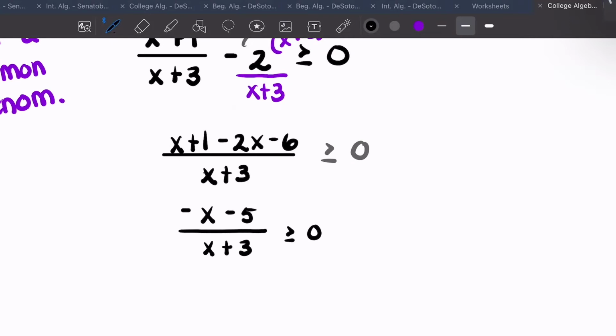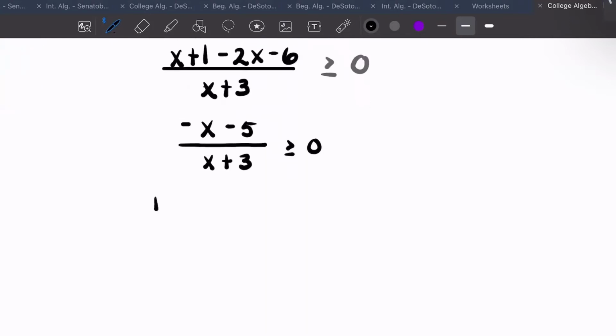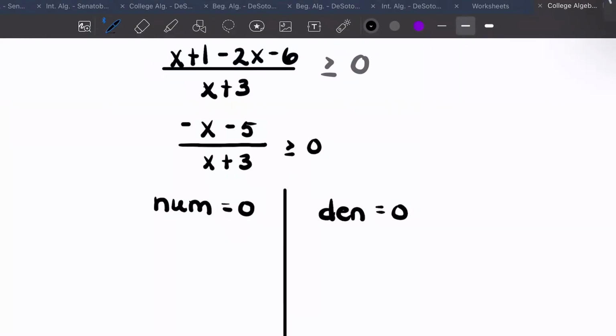Okay. Now we need to do numerator equal to 0, denominator equal to 0, right? So we have -x minus 5 equals 0 and x plus 3 equals 0. So we get -x equals -5. I meant +5. We're going to add 5 to both sides.